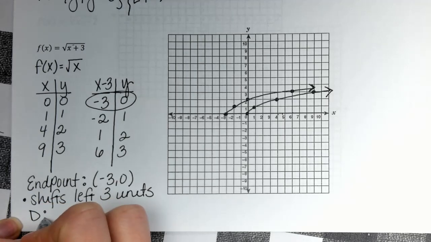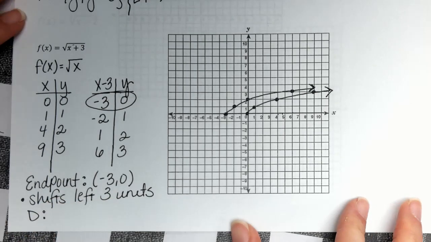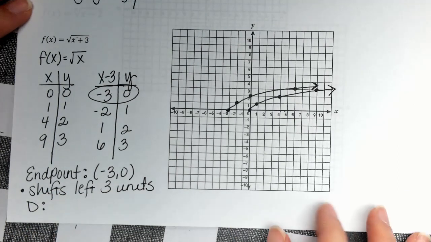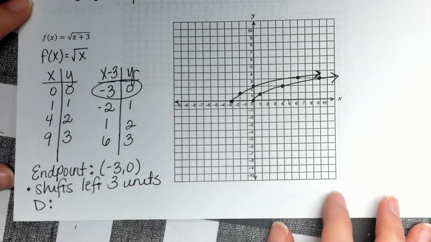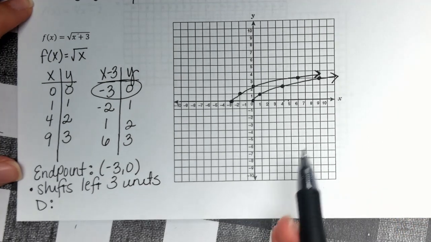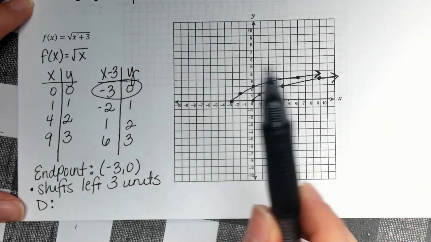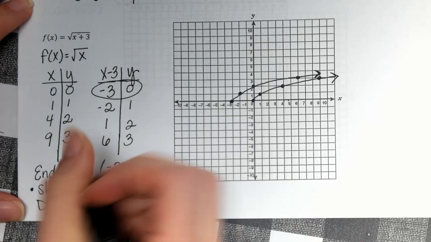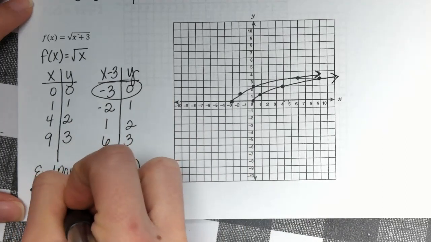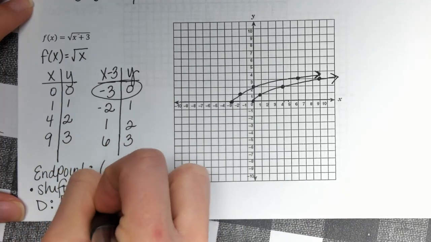Okay, so for my domain, do you want to do set builder or interval notation? Okay, interval is shorter. So your interval notation for your domain, where am I starting for my x? Negative 3. It should be the x value of that endpoint, and it's going to positive infinity.